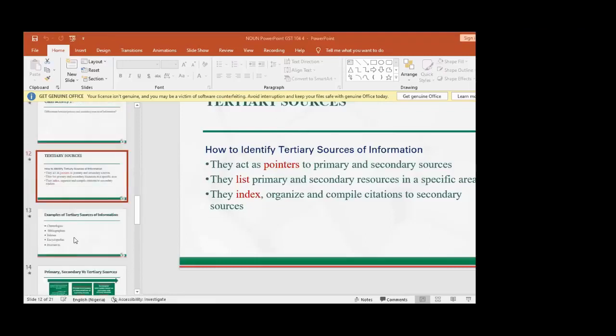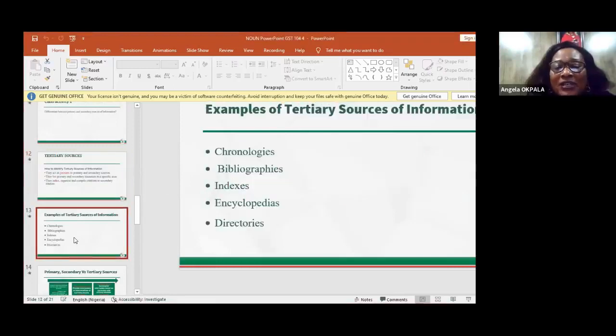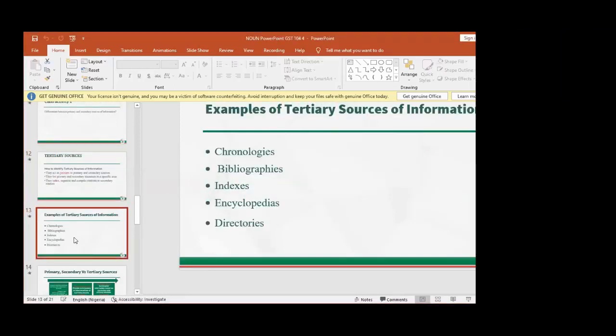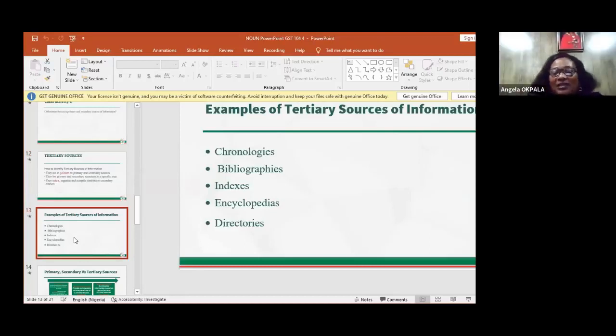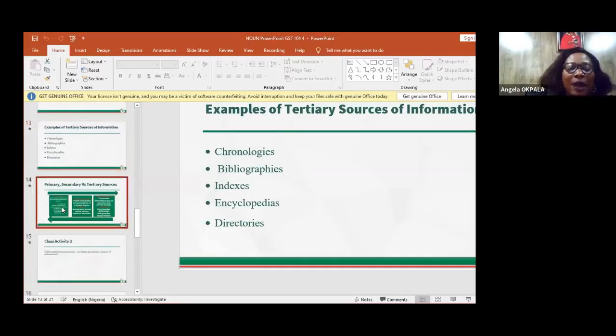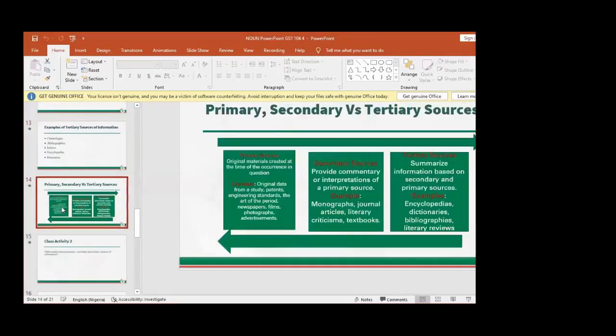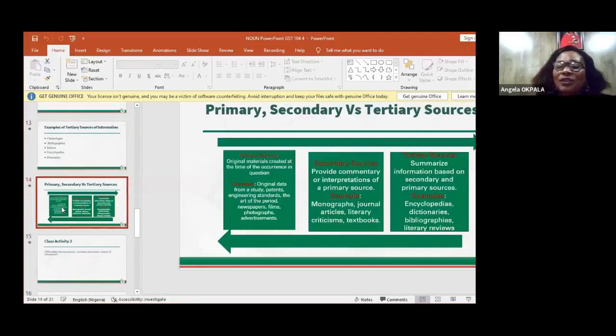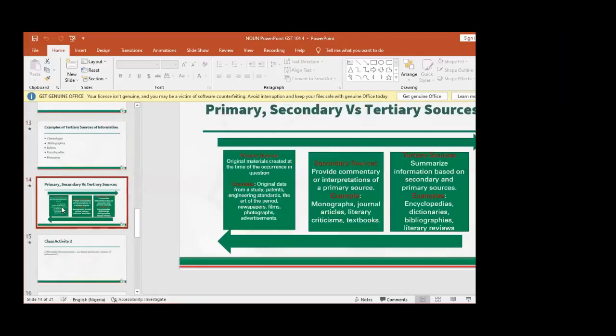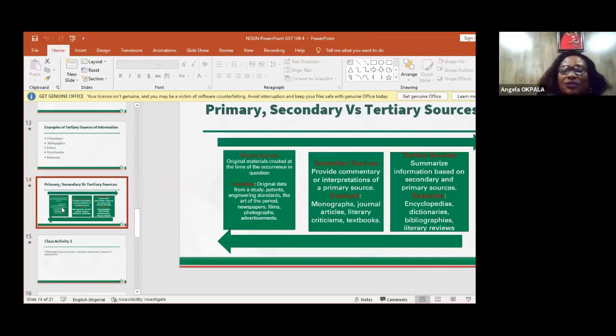Now we are going to be looking at the examples. I gave you some of the examples: bibliographies, indexes, directories. They are all pointers. We are just trying to differentiate between primary, secondary, and tertiary sources of information.